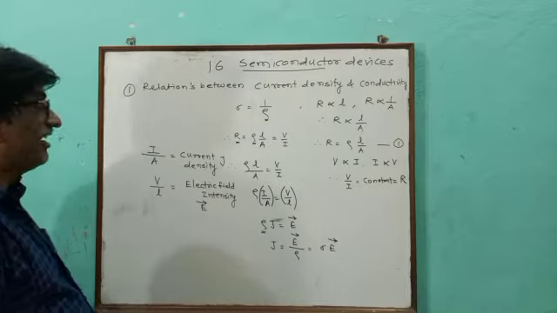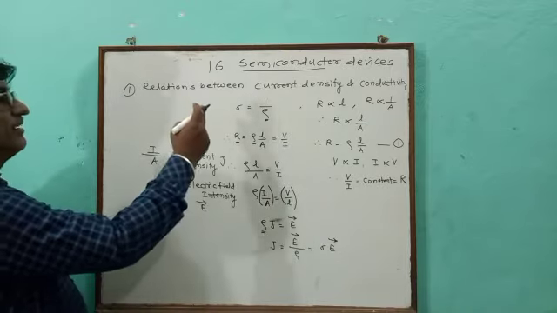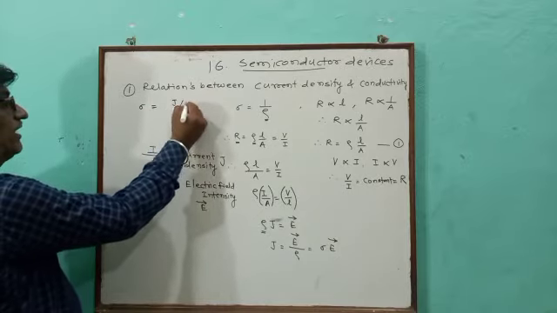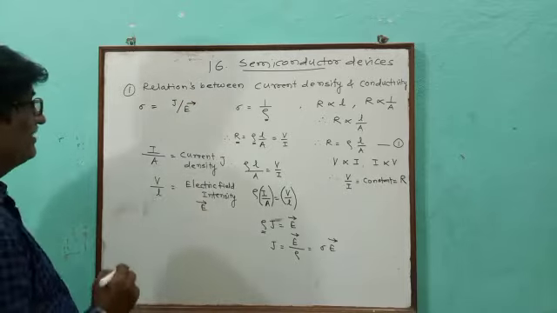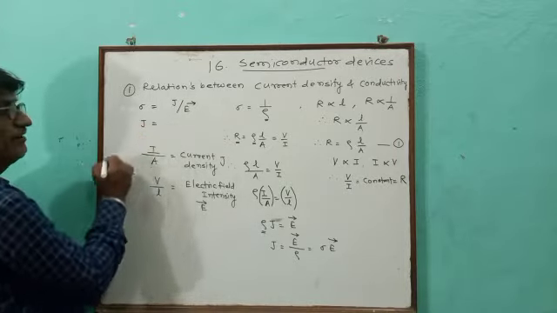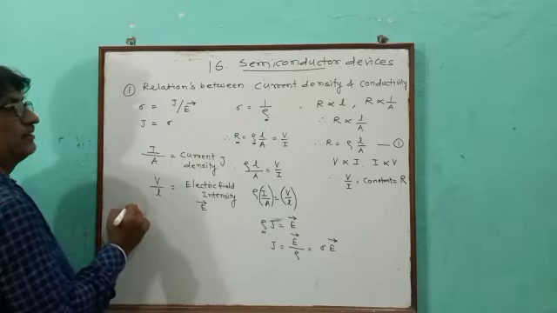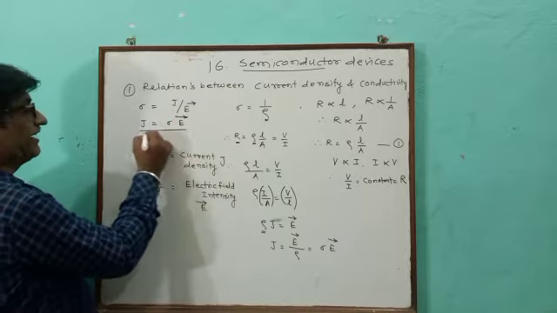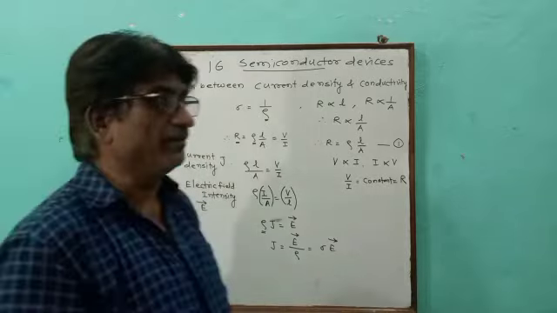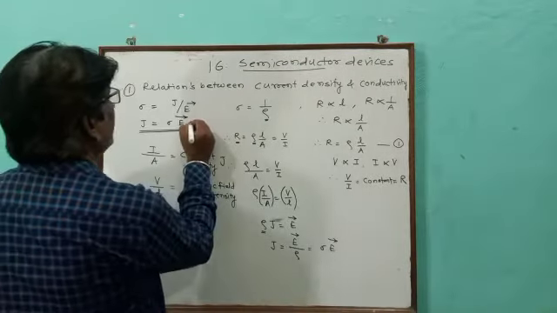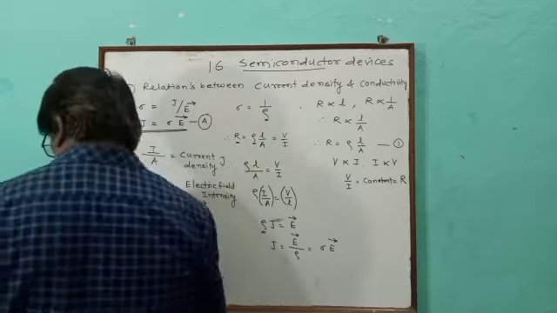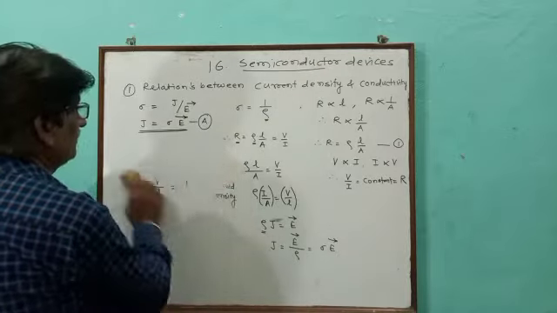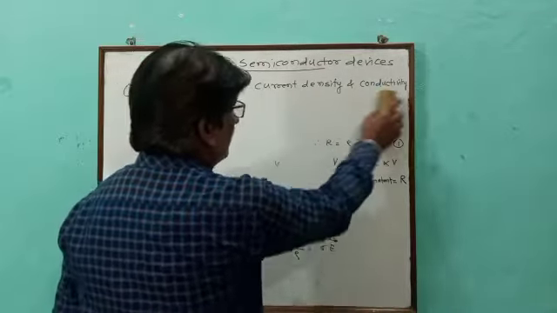So there is a relation between current density and conductivity: conductivity is equal to J upon electric field intensity, or J, the current density, is equal to conductivity into electric field intensity. Suppose this relation is named as A, which can be useful in various ways.